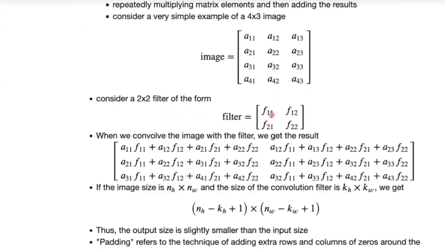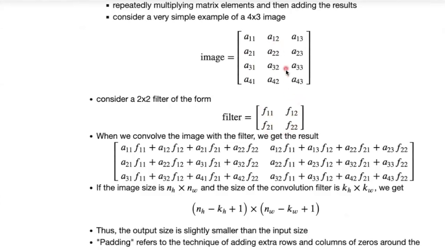So the way that this will work is that you're going to start from this top left corner. So you do the element-wise multiplication and add everything together. So you get A11 F11, A21 F21, and A12 F12, and then A22 F22, okay?